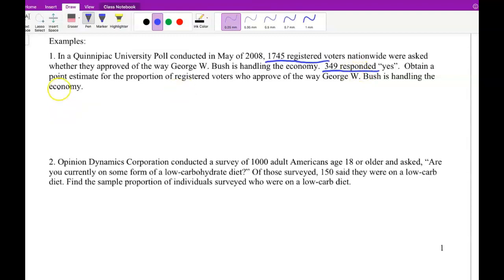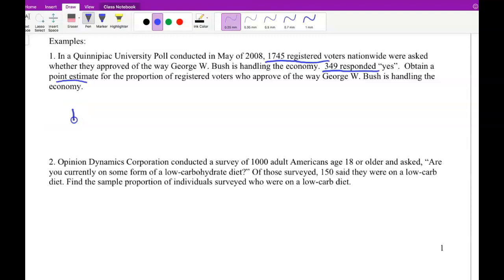So we are obtaining a point estimate for the proportion of voters who approve of the way George Bush is handling the economy. In other words, we are finding the sample proportion.